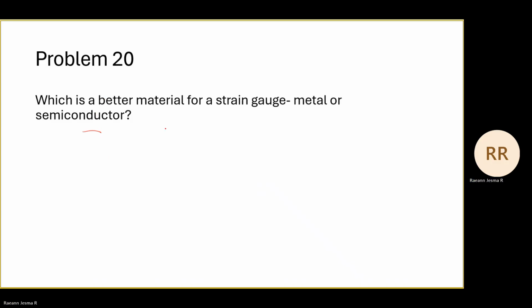Okay. So there is something called gauge factor that we use to determine whether metal is good or semiconductor is good. Gauge factor is generally the change in resistance to original resistance divided by change in length to original length.